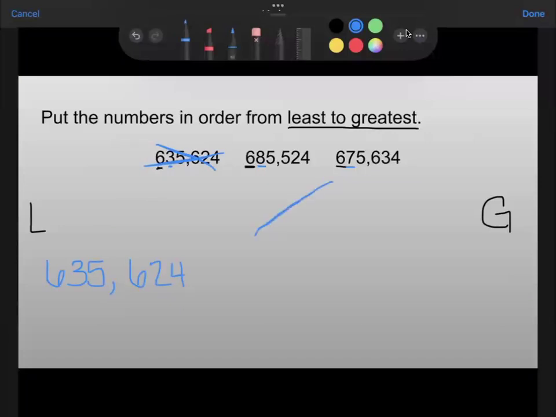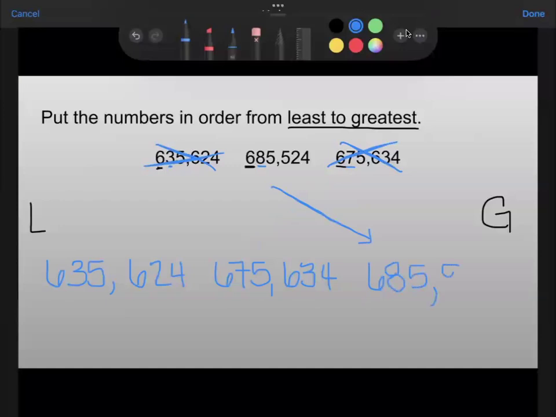So that number goes right here in the middle. 675,634 will go right there, and I'll cross that off, which leaves me with only one number left. So that's got to be the greatest. 685,524. So there are the numbers in order from least to greatest.